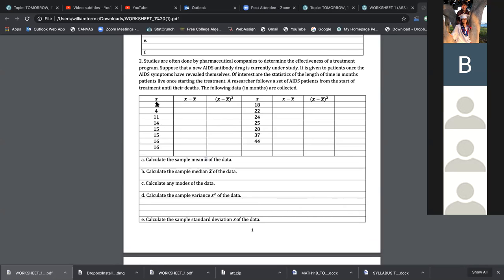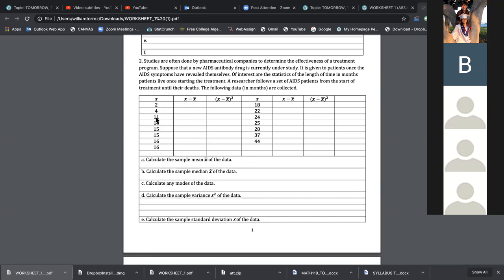In this problem, our variable is the number of months AIDS patients survive after starting the treatment. The definition of the sample mean is to take the sum of all of the 15 values here and divide by the number, which would be 15. StatCrunch will do this for us. We could also do this by hand.